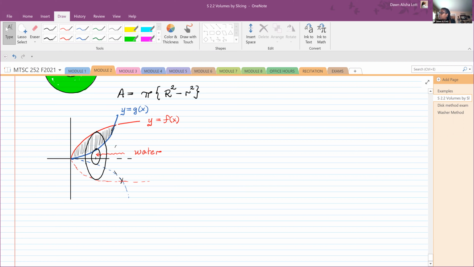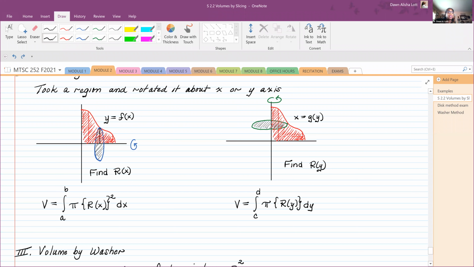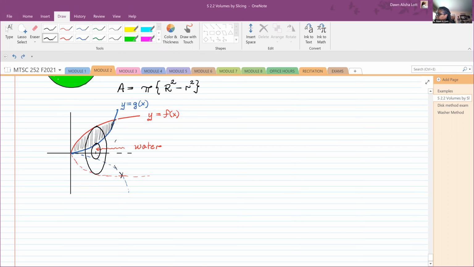Okay, so now what's the area of that thing? Well, this is my x. So now this is the small radius. Let's do the big radius first.